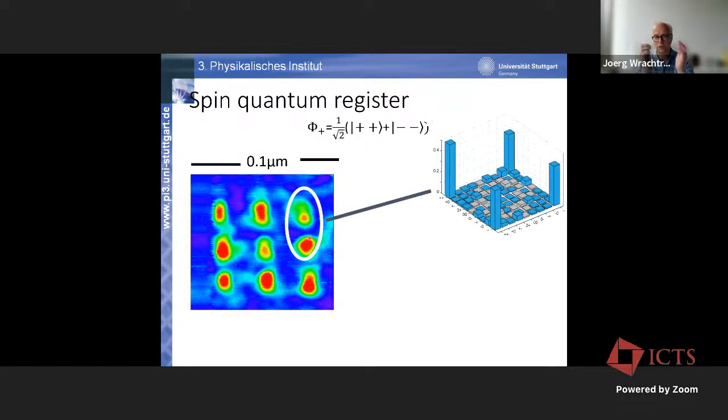And then a figure of merit is a tomogram, where you actually measure this state by measuring its density matrix. And the tomogram of this state here, you expect to see diagonal elements on the plus plus and on the minus minus element, but you also expect to see coherences between the plus plus and the minus minus.